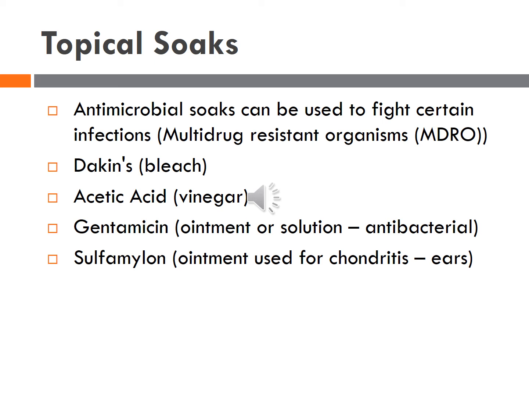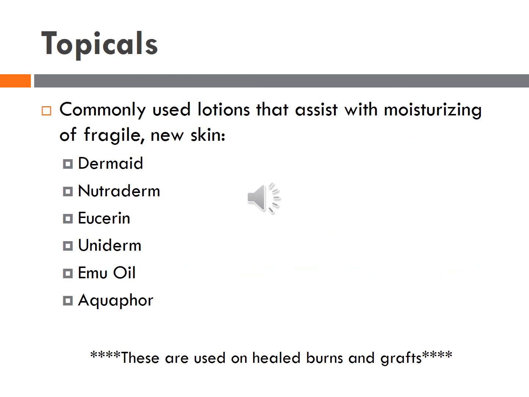This is used specifically for ears. There are also some common lotions used on healed burns and grafts that can assist with maturation of new skin, making sure that it stays moist and protecting it when it's fragile. Examples are Dermade, Nutriderm, Eucerin, Uniderm, Emu Oil, or Aquaphor.